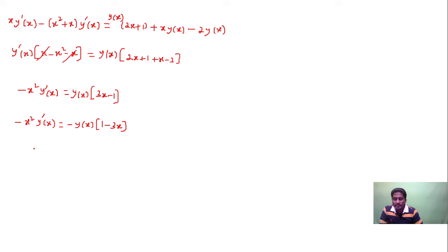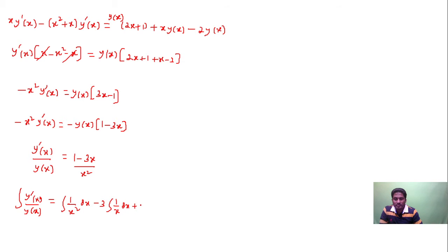Minus cancels minus, so I can write this as y dash of x divided by y of x is equal to 1 minus 3x divided by x square. Now if I integrate, y dash of x divided by y of x is equal to integration of 1 by x square, minus 3 is a constant, integration of 1 by x dx, and then plus c.